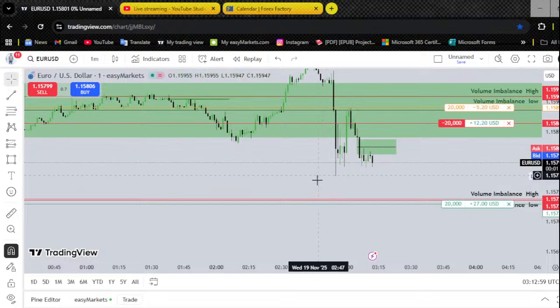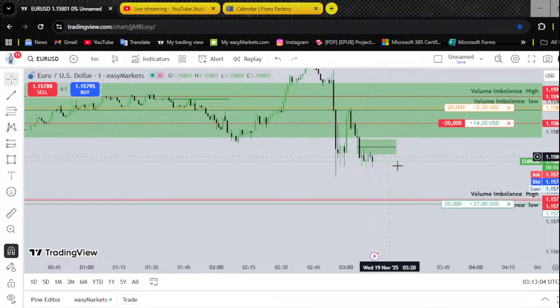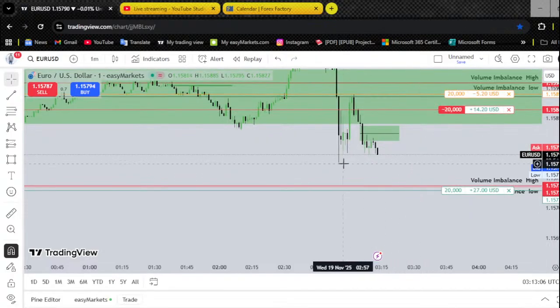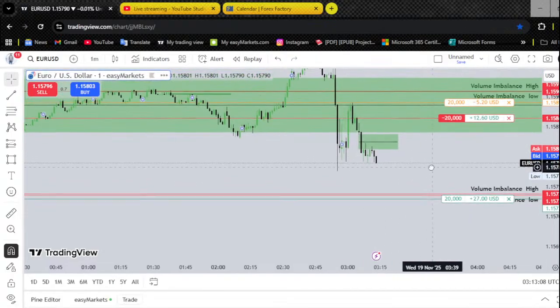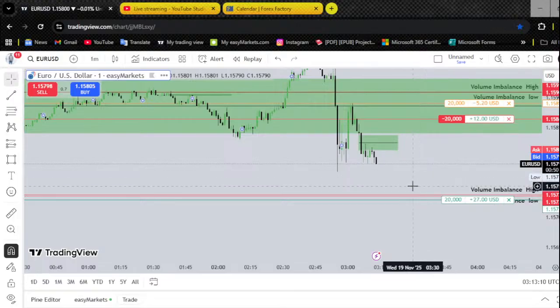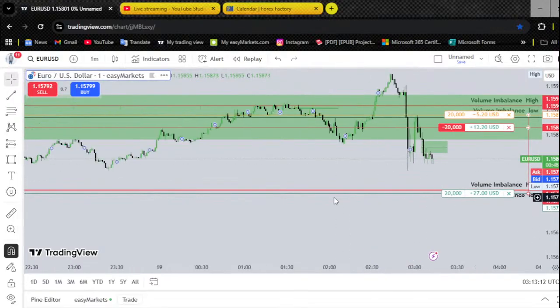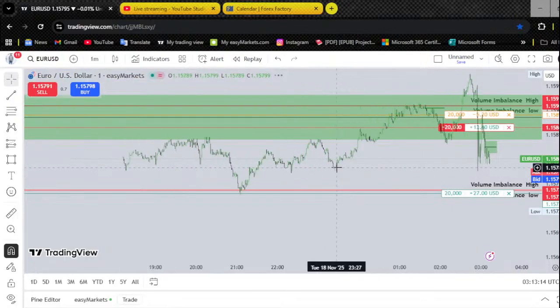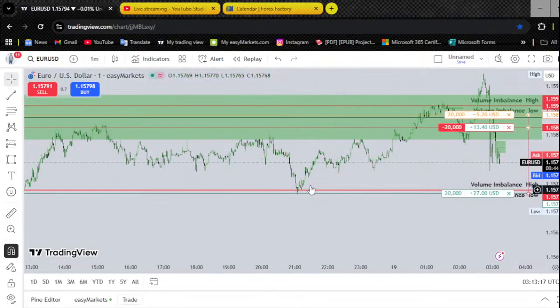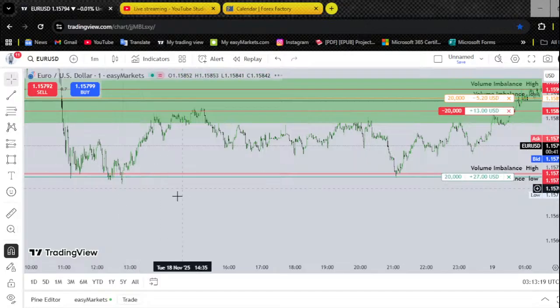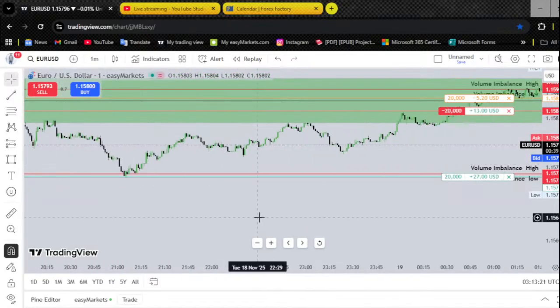When I said the moment market takes this low, I'll take my stop loss just to the break even. I think it has already taken something like that. This is a liquidity, those stop losses are coming now.